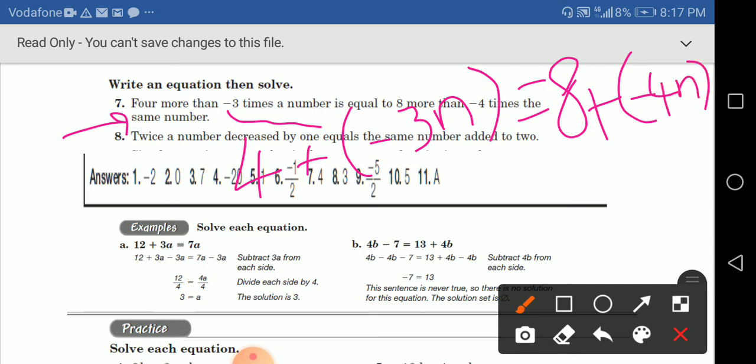Can you see what I wrote here? 4 plus negative 3 times the number, which I don't know, it's a variable. You can call it x, whatever you want.